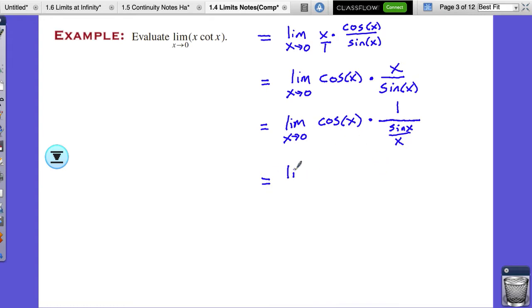When flipping it over, the limit law says I can find the limit of things that are multiplied and divided as long as they all exist. So really what's happening here, you don't necessarily have to write it out like this.